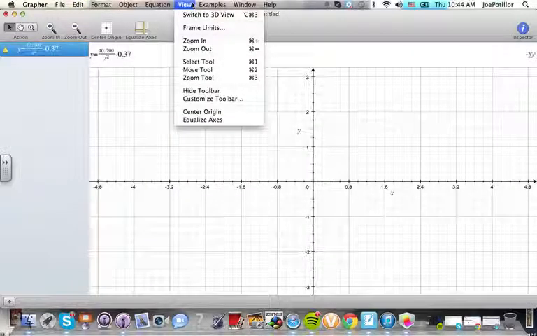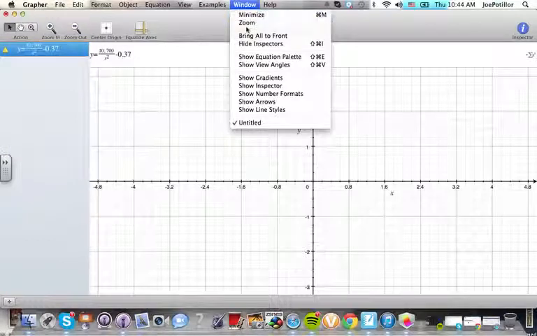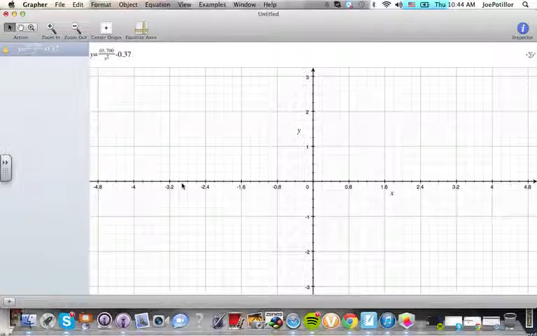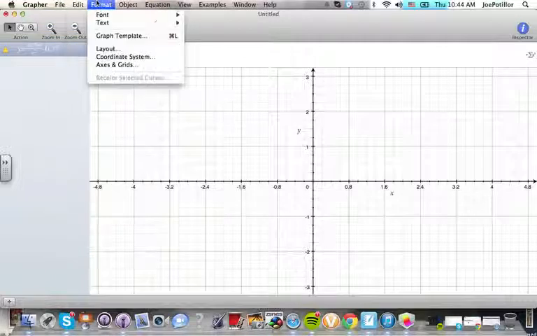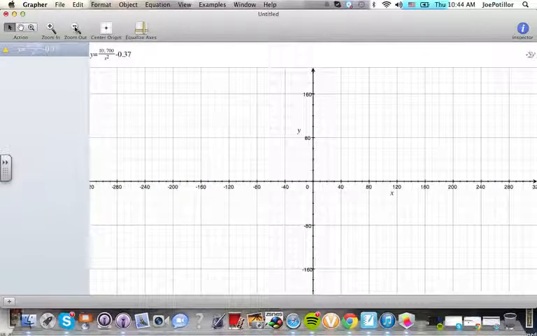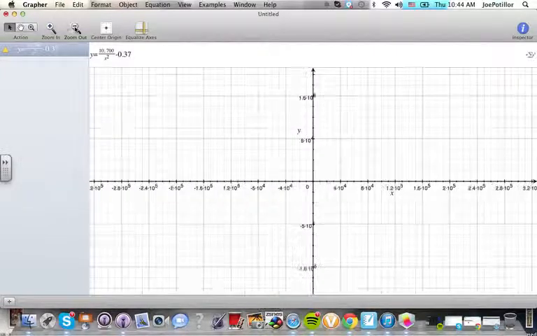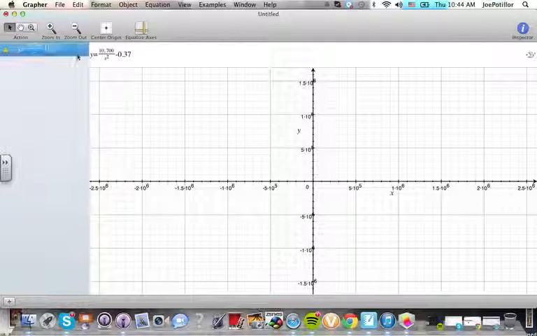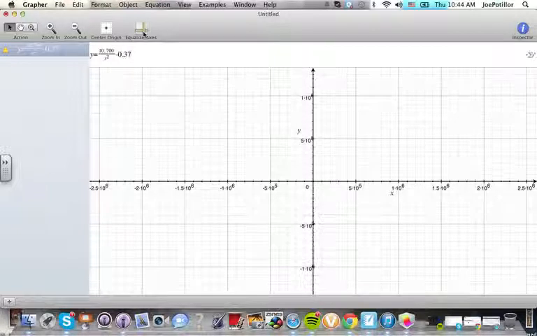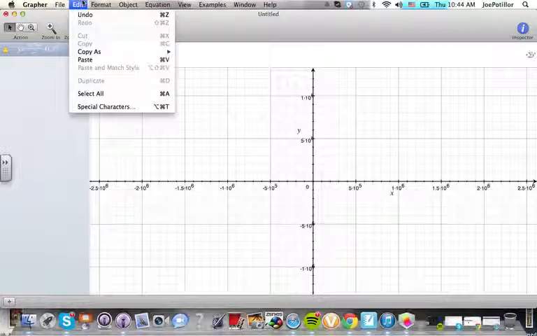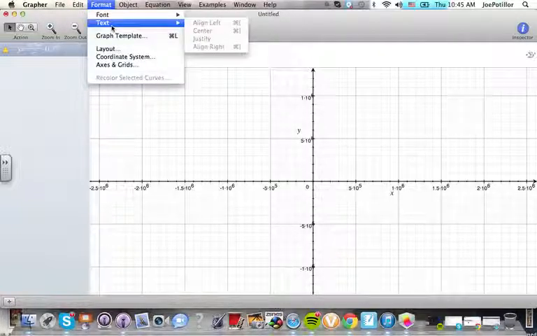Format, view, window. As soon as I adjust the scale, we'll be okay here. You'll have to live with this temporary distraction.